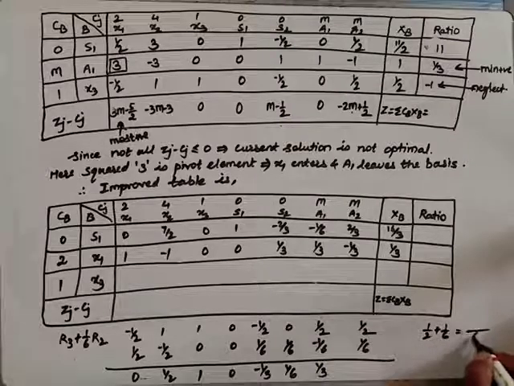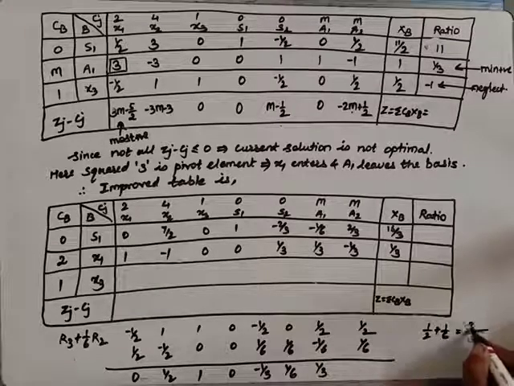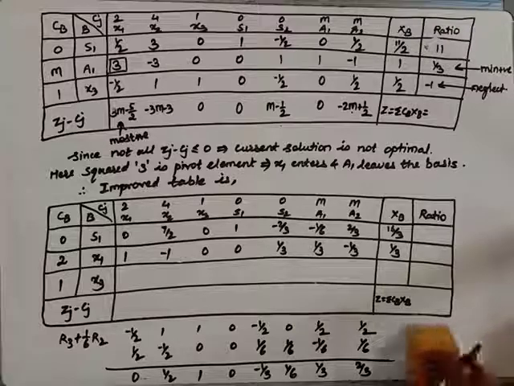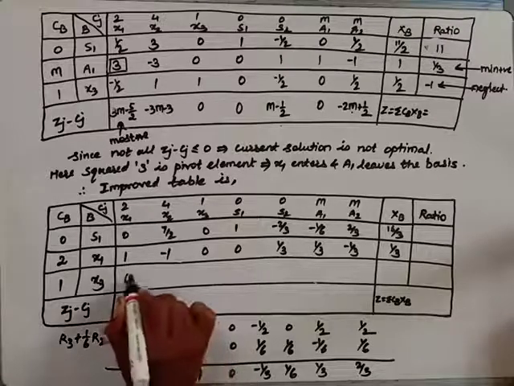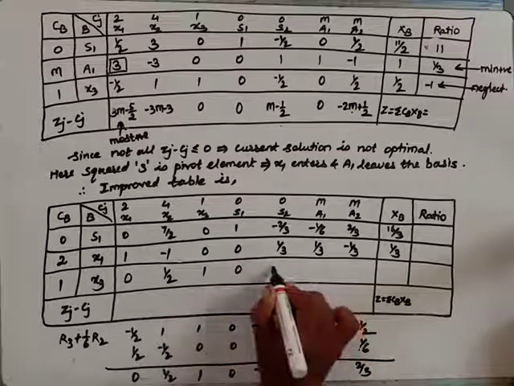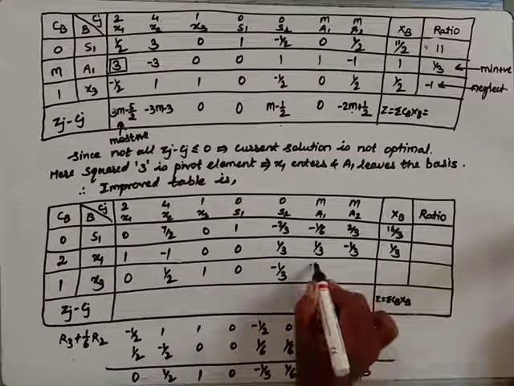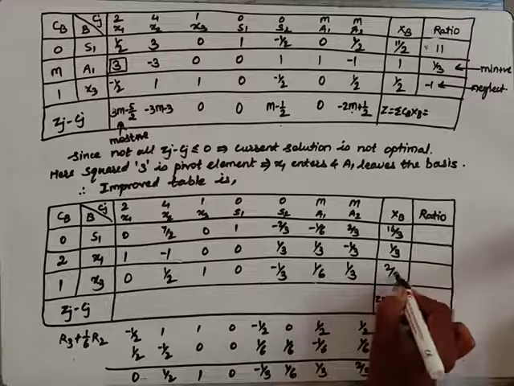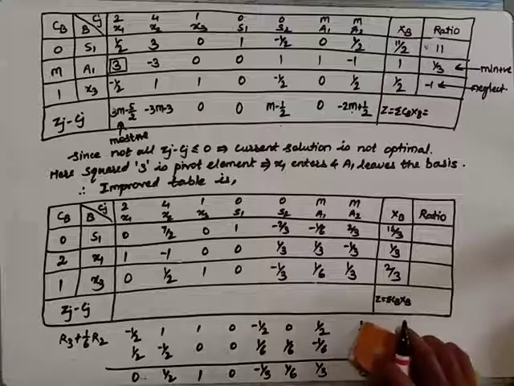Again LCM is 6. Now 3 plus 1, so 4 by 6. So that is 2 by 3. Okay, so these are our entries of the third row: 0, 1 by 2, 1, 0, minus 1 by 3, 1 by 6, 1 by 3 and 2 by 3. As such, we get the third row.